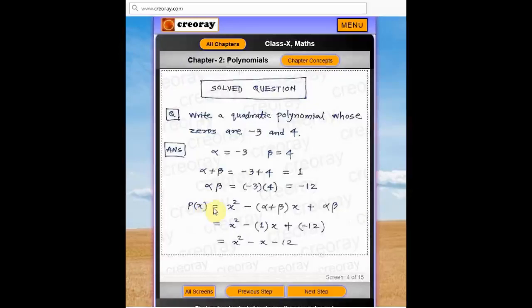Then p of x equals x square minus sum of zeros times x plus the product. So just substitute it. X square minus, what is alpha plus beta? It's 1 into x plus, what is alpha beta? It is minus 12. So that's it. Here's your answer: x square minus x minus 12.